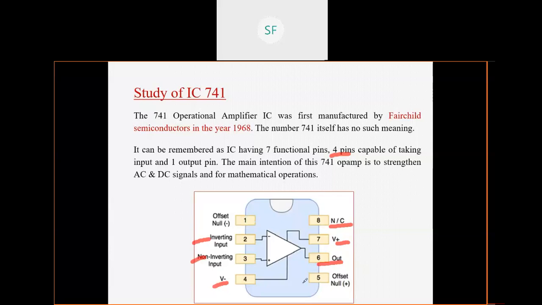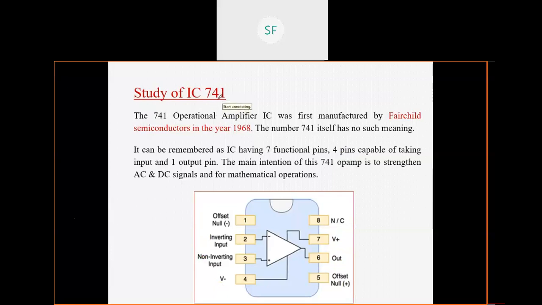So it is not actually used while working. While working only these two inputs, two voltages and one output is used. So you can remember this 741 like this, that 7 stands for functional pins, 4 input pins are there.